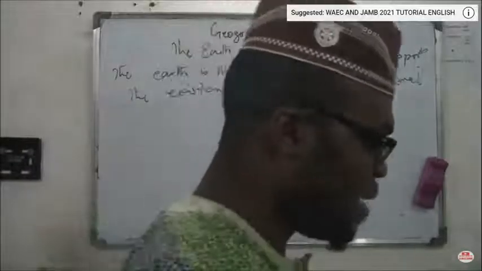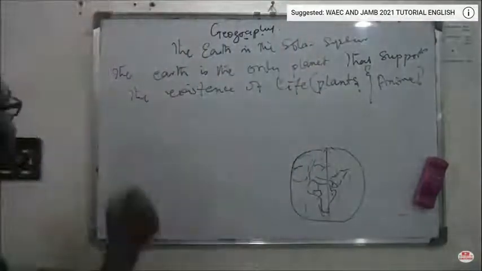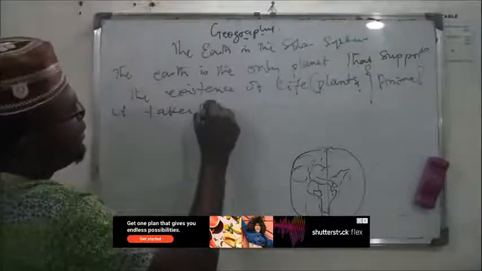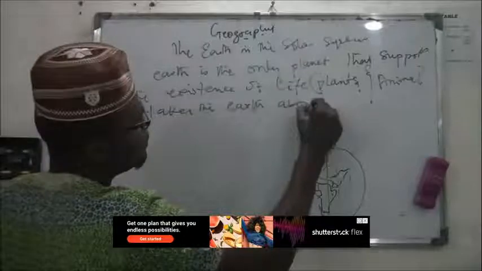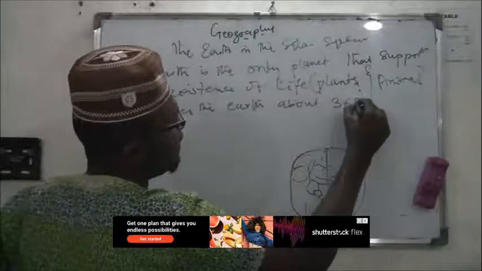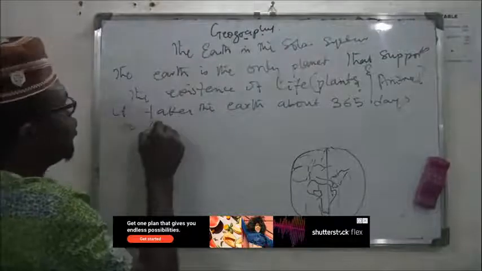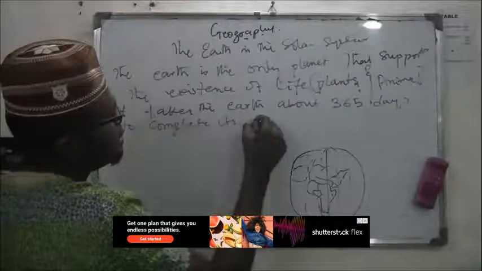It takes the Earth about 365 days to complete its orbit.